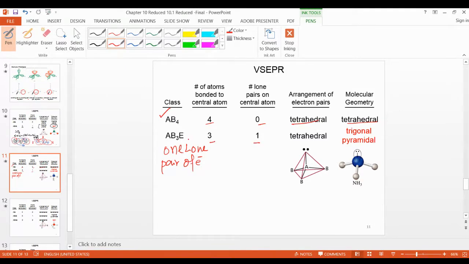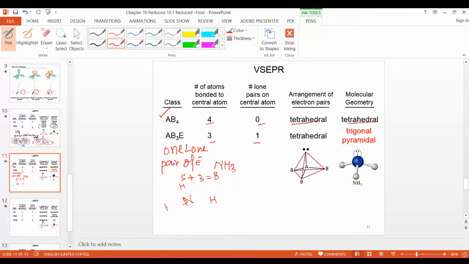The example given here is NH3. So you have to write the Lewis structure. Nitrogen is 5 electrons plus hydrogen 3, total is 8 electrons. The central atom is nitrogen, and hydrogen 3.